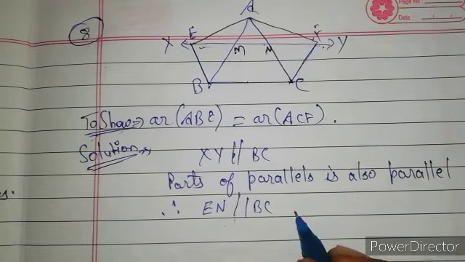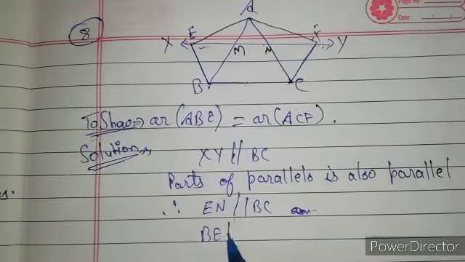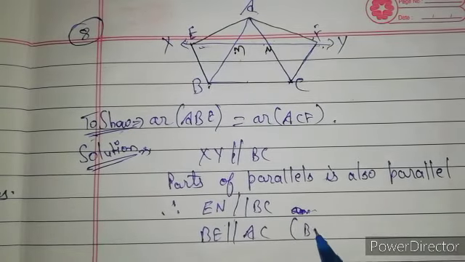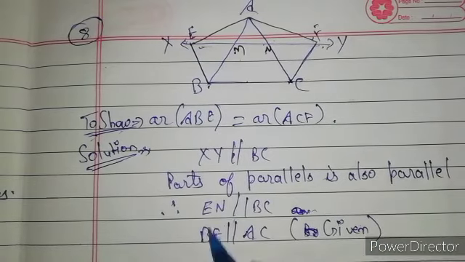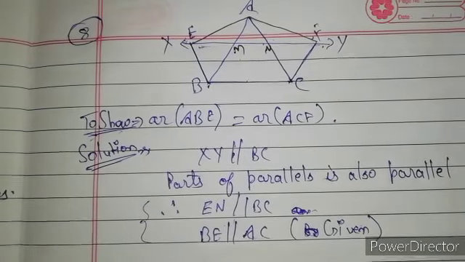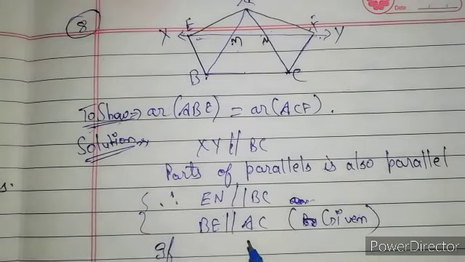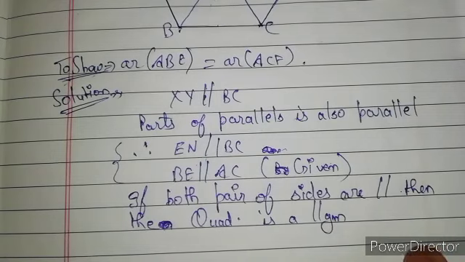And it is already given that BE is parallel to AC. This is by construction we have drawn, or just write given. So if both pairs of opposite sides are parallel, I am going to write the statement here. I know that my handwriting is quite dirty, but I hope you all are getting this.